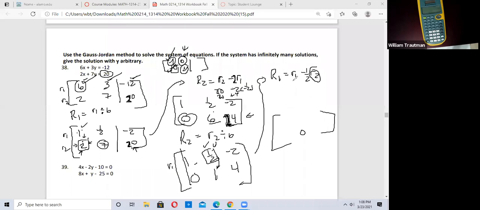Row 1 has a 1 in it, minus 1/2 times 0. 1 minus 1/2 times 0 is still 1. And then we already said this was 0, because when we subtract 1/2 times 1, 1/2 minus 1/2 is 0. So we have to do the last one.